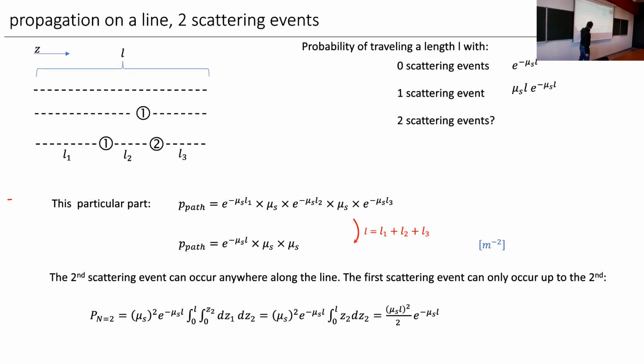The grouped exponentials just become constants that can go in front of the integral, and then we calculate the second event from 0 to L, and the first event from 0 up until the location of the second. The net result is µs squared, L squared divided by 2, times this exponential.